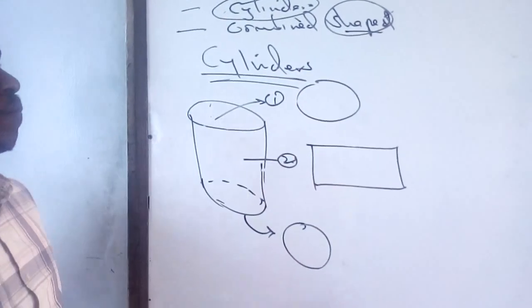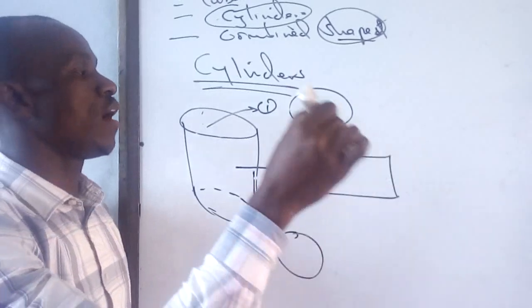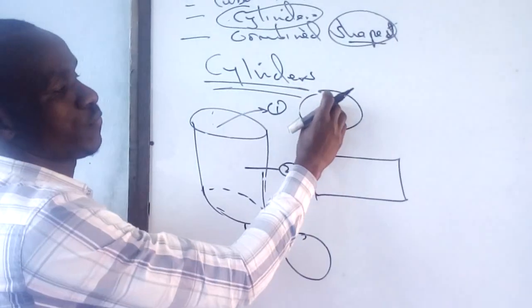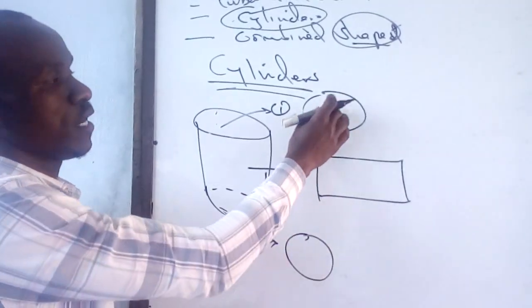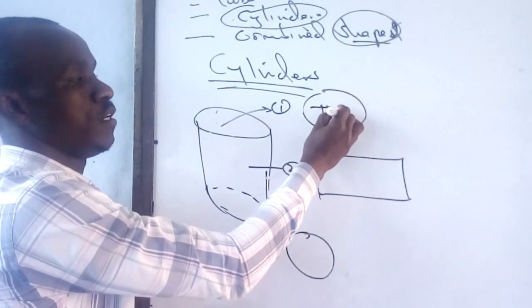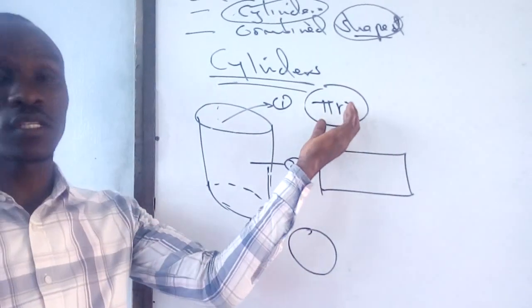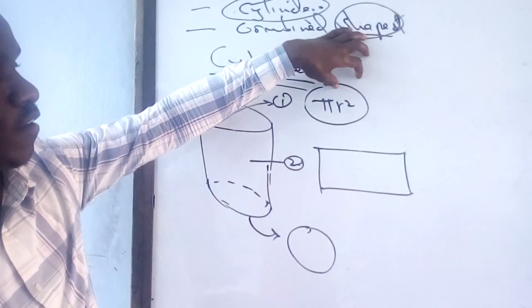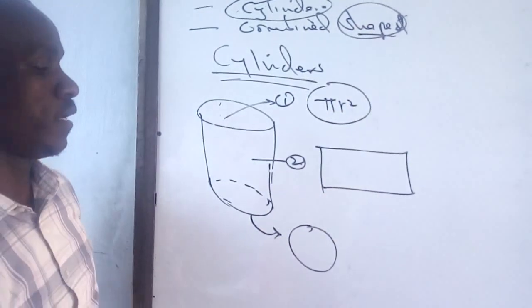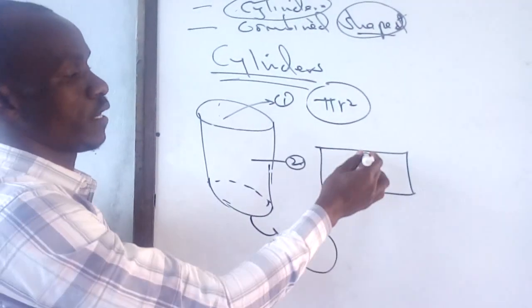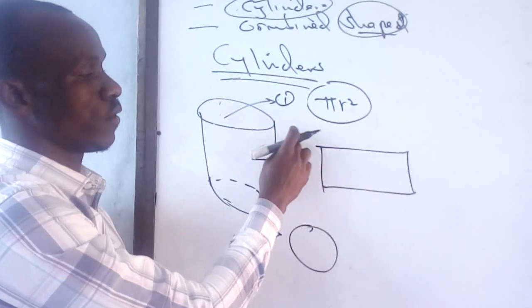In our discussion is how to get the area of the faces. The first face here is a circle. How do we get the area of a circle? It is simply pi r squared, as we discussed in class 7. The area of a circle is pi r squared. Here we have a rectangle. We discussed how to get it.